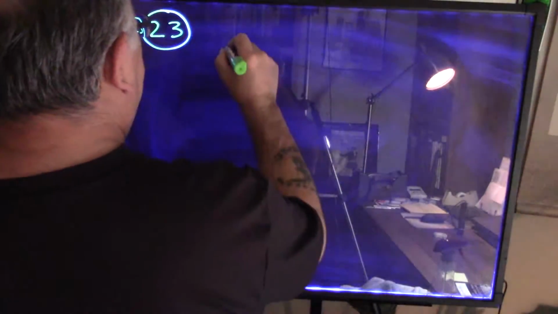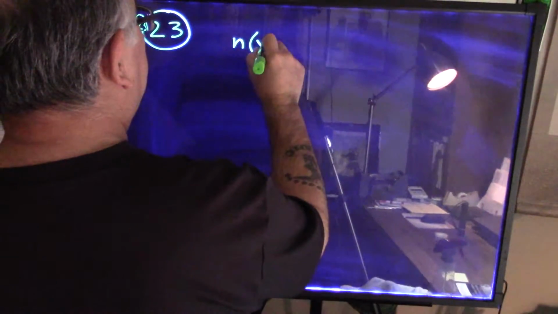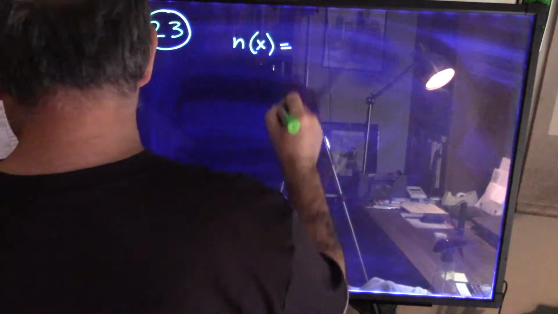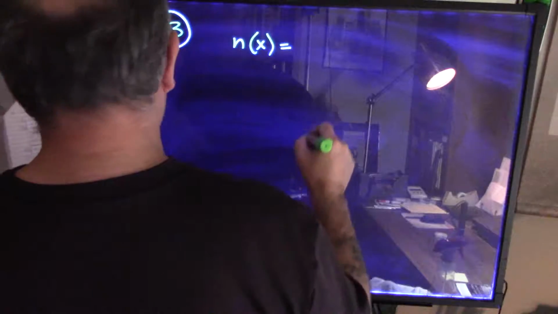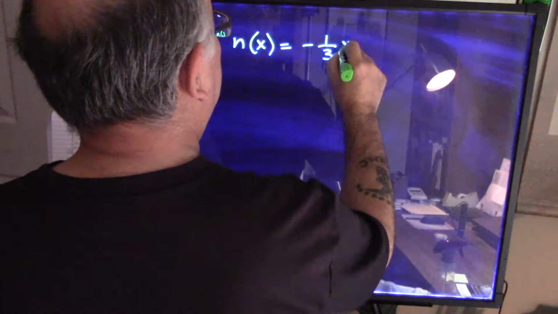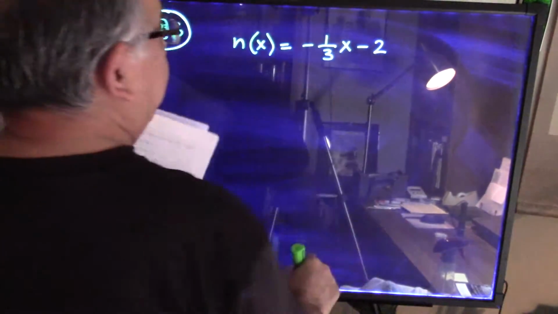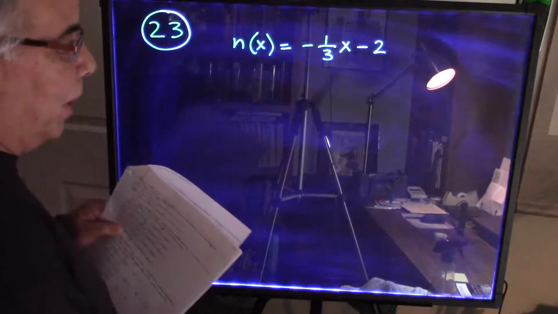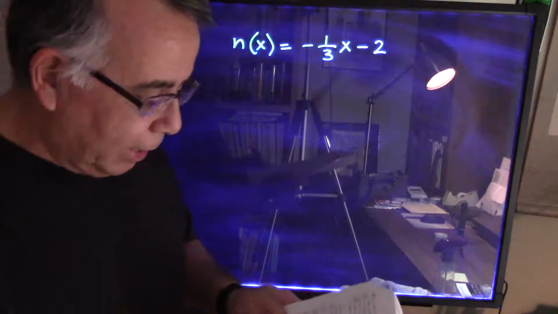Number 23. N of x is negative 1/3 x minus 2. So the slope is a negative 1/3. Negative meaning it's decreasing.